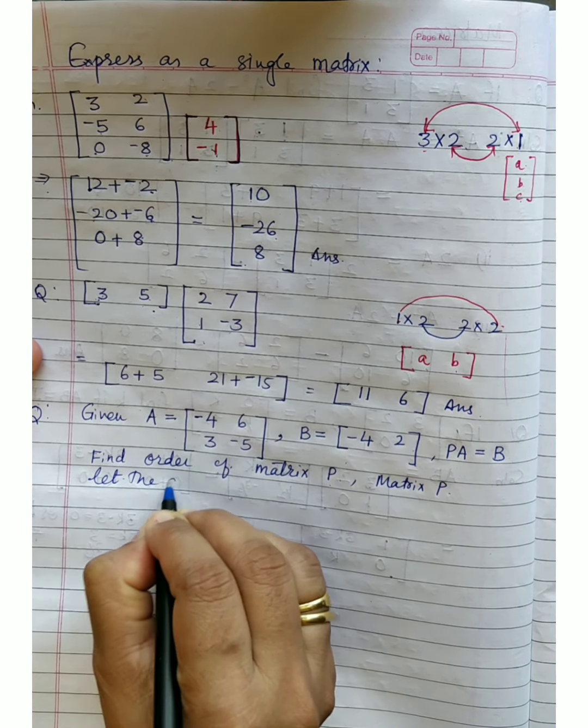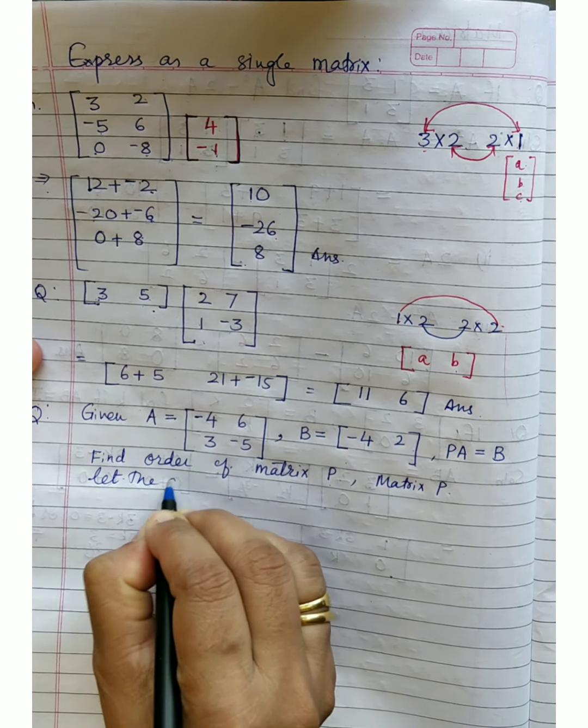Now what is given to us? PA is equal to B, right? So since the product of matrices P and A is possible, the rules applicable for matrix multiplication we will apply.